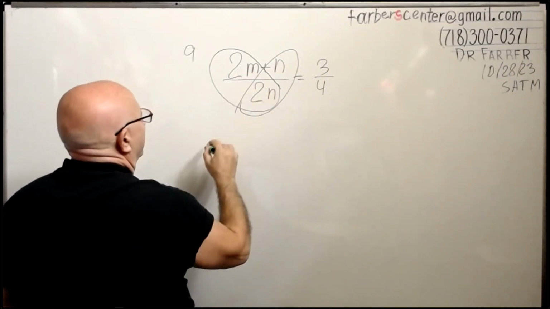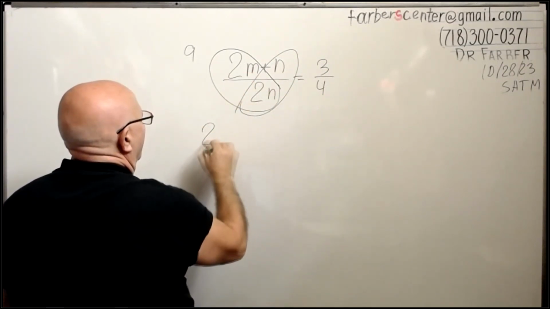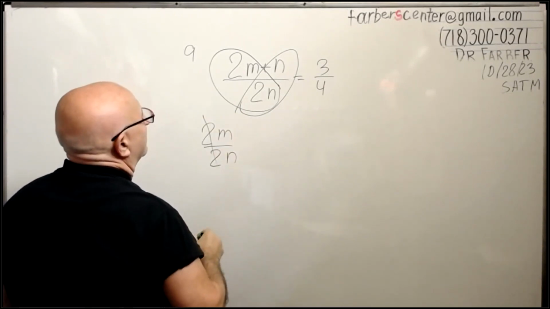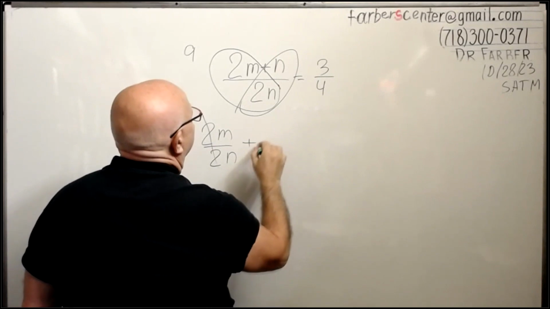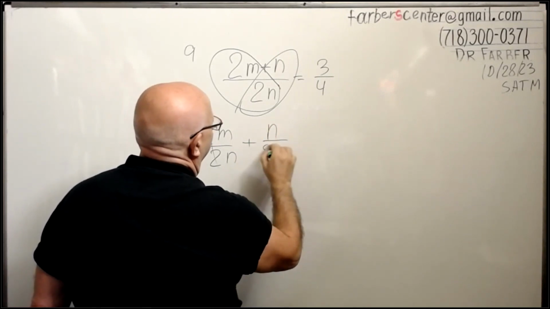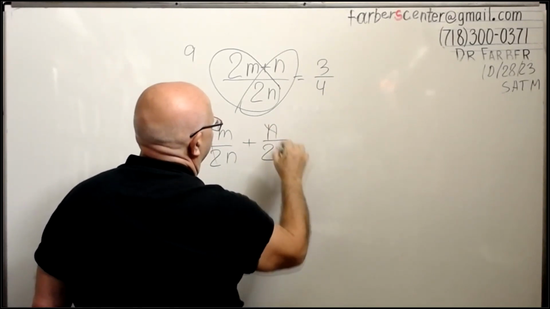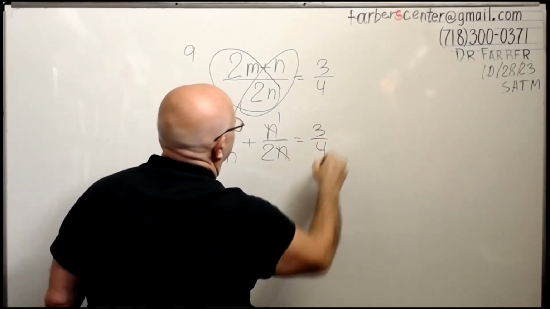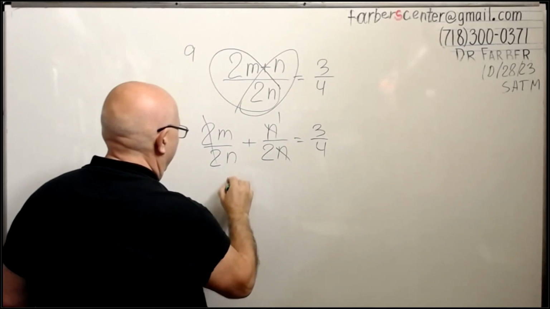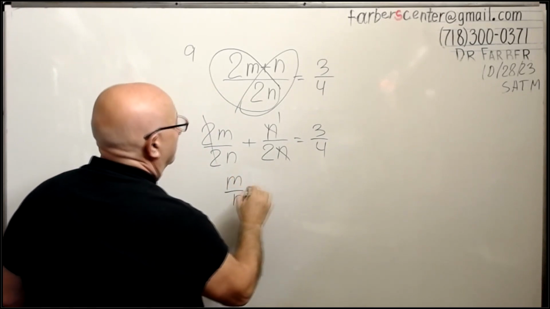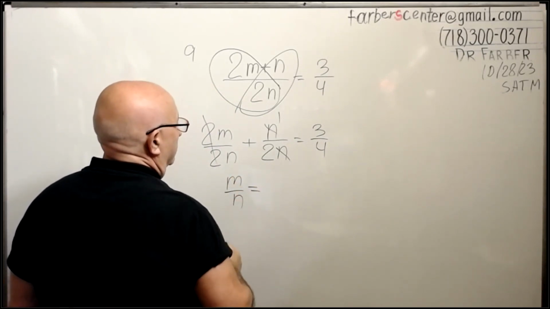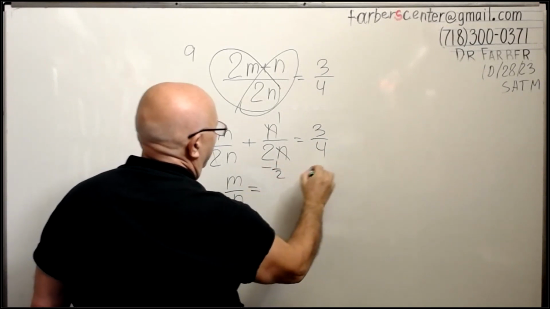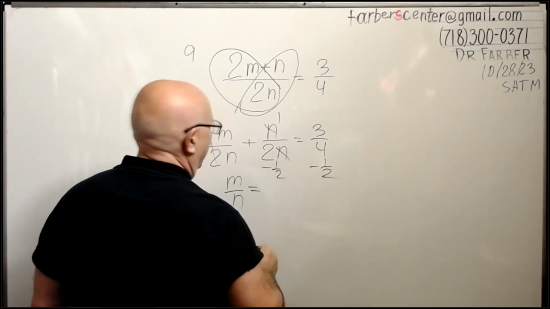So you have 2m over 2n, cancel out, plus n over 2n, cancel out, equals 3 over 4. What do we get here? m over n equals, and let me subtract 1 over 2 from both sides to save space.